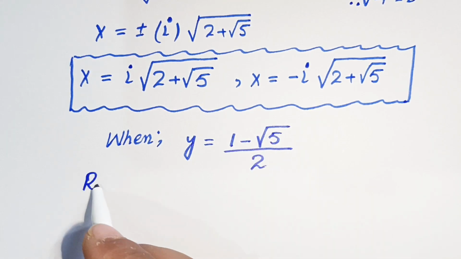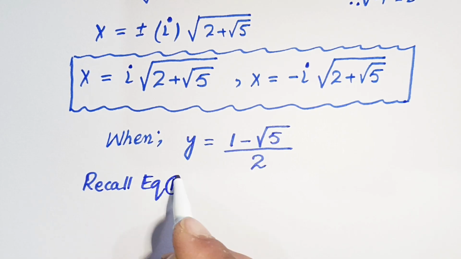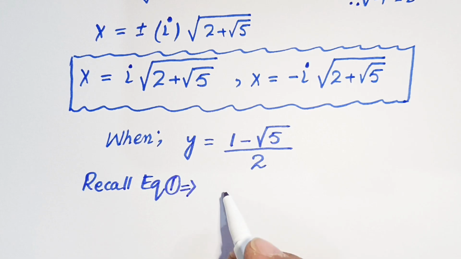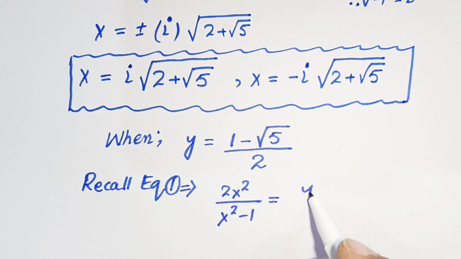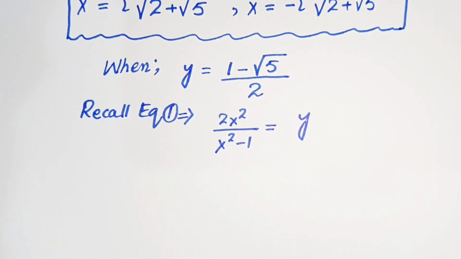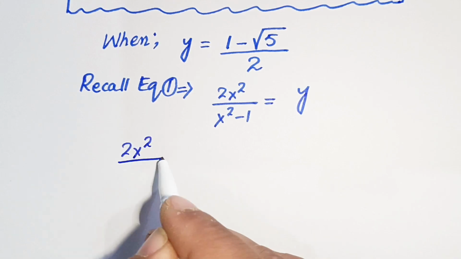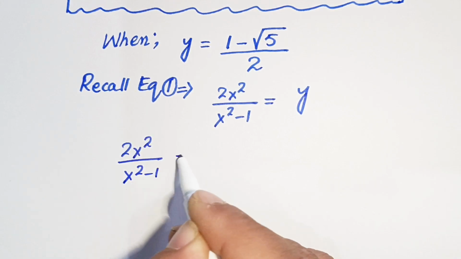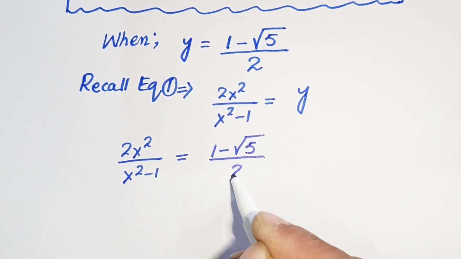We have solved the first case, so now solving this one. Now recall our equation 1, which is 2x squared divided by x squared minus 1, equal to y. So putting the value of y, we get 2x squared divided by x squared minus 1 equal to 1 minus square root of 5 all over 2.